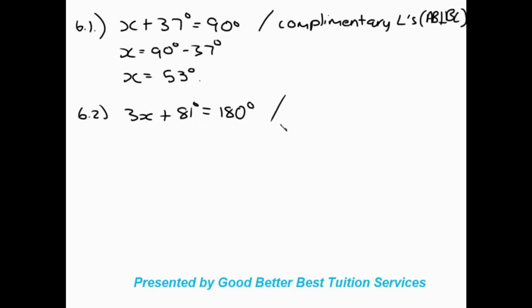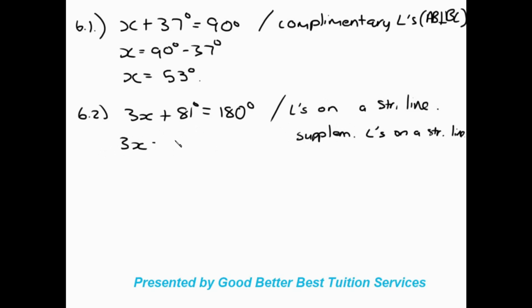Now we give our reason, which is angles on a straight line, or supplementary angles. Okay, just supplementary angles on a straight line. Cool. So that's our reason. You can use either one of these. And now that we've done that, we can work it out.